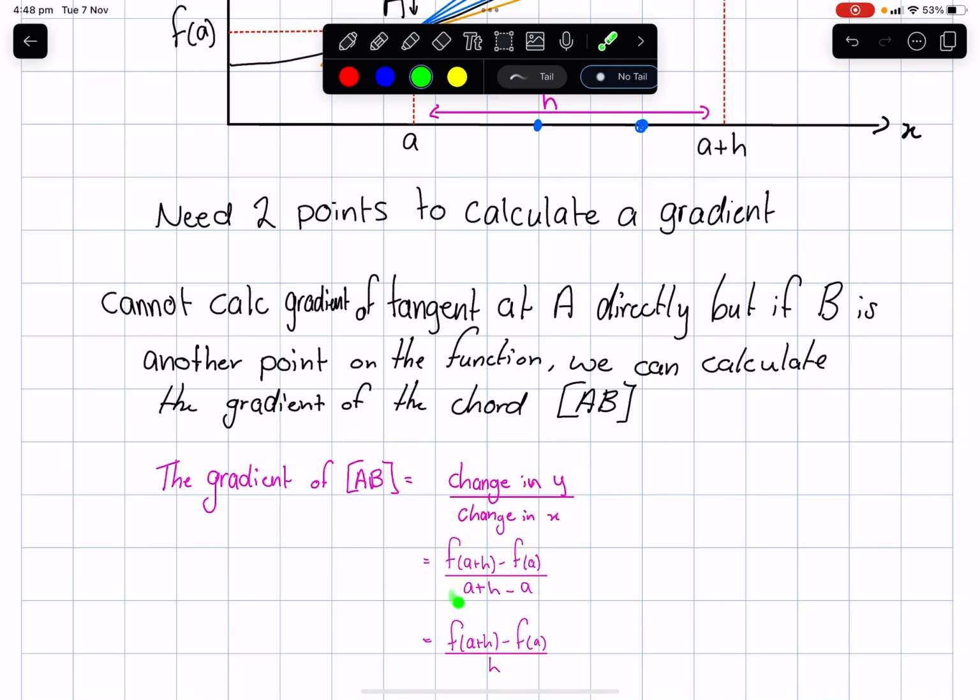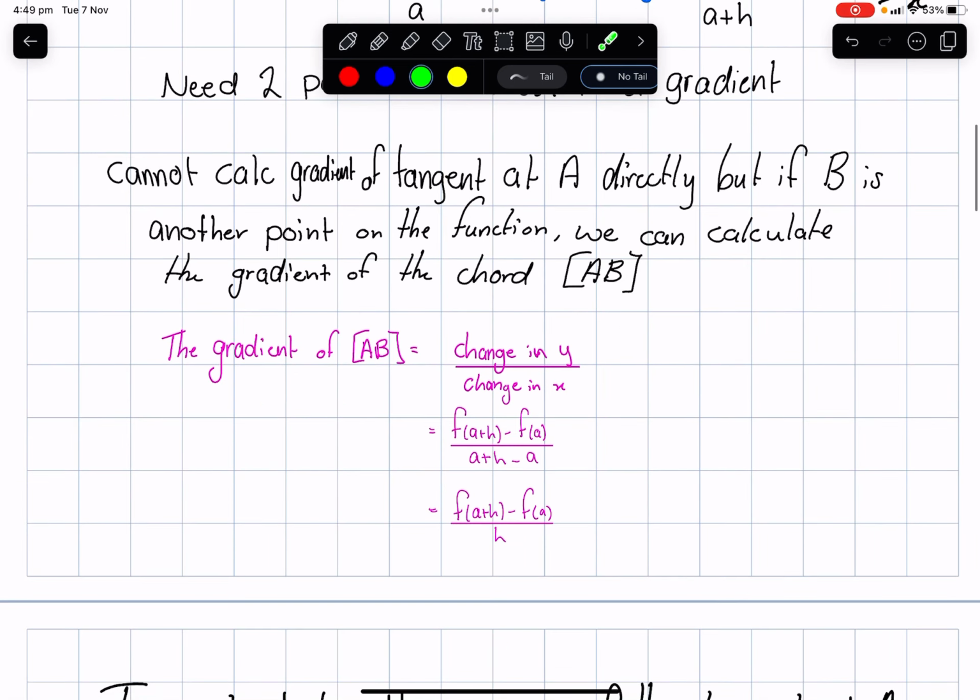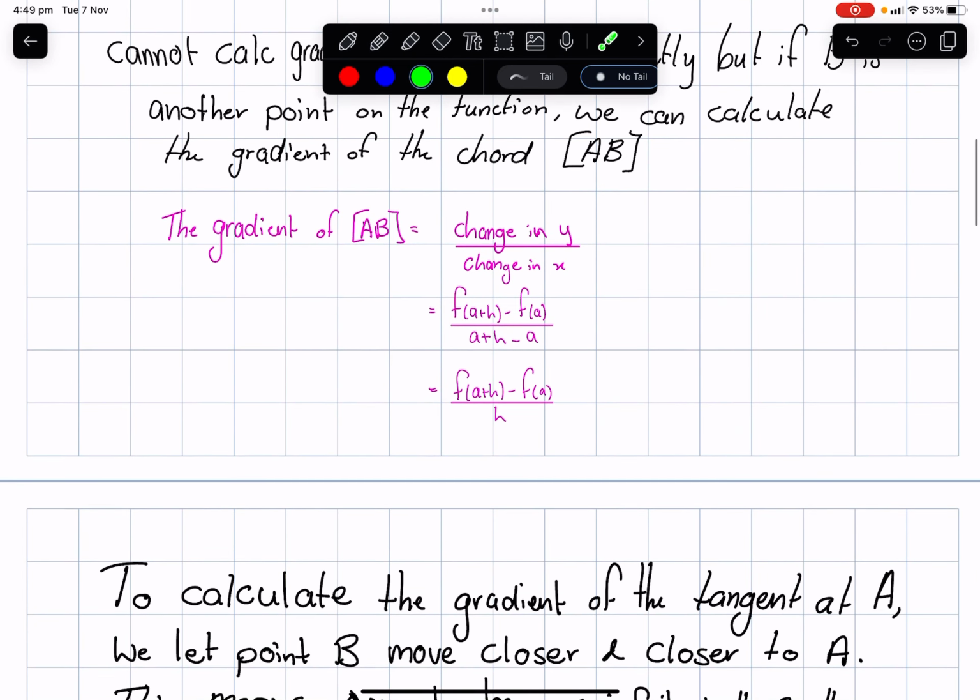The x coordinate is a plus h, and I'm subtracting a. Now those a's can cancel out, and I'm just left with h on the bottom. Now this is just the gradient of this line between A and my new point big B. It just looks a bit funky, okay?